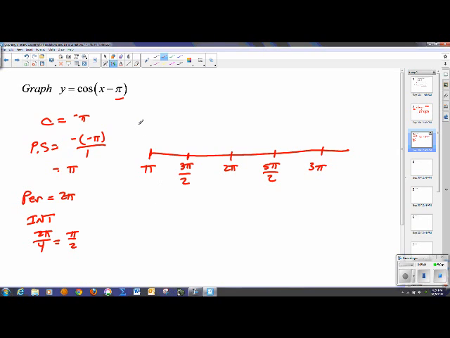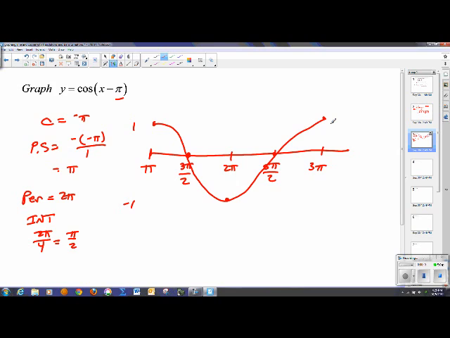The cosine normally starts at 1. Then it goes to 0, -1, 0, and back to 1 in its 2 pi period. You'll notice I've gone from pi to 3 pi, so that is a period of 2 pi.